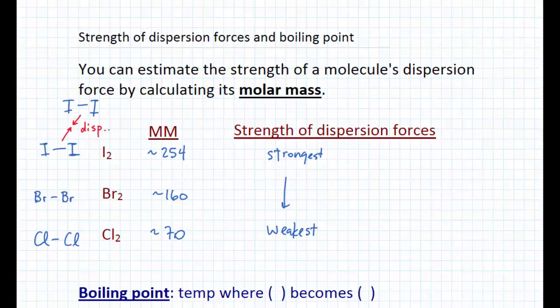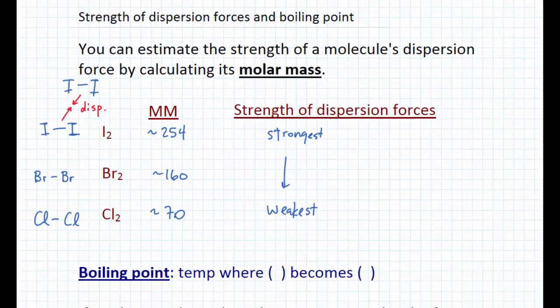Dispersion forces are present between all molecules. Okay? So we're not talking about that being attracted to that. We're talking about a sample of iodine and how strongly iodine molecules are attracted to their neighbors. Okay? So the largest molecule will have the strongest dispersion forces, but we can go a little further than that.